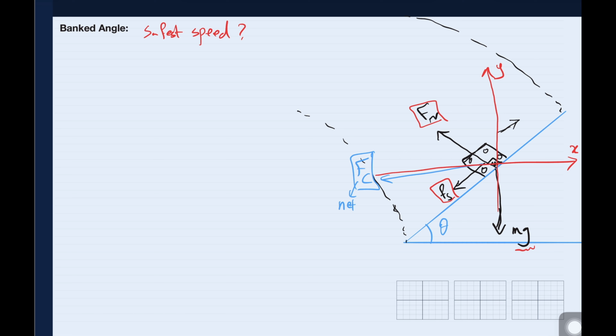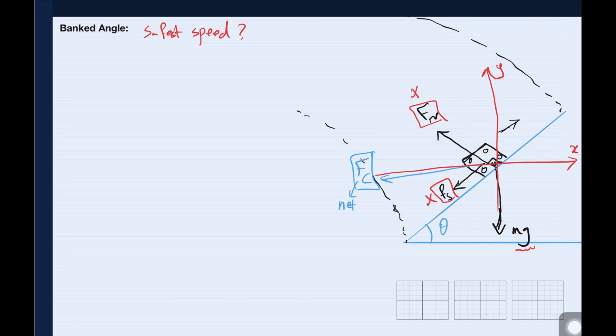But I have to break down these two forces, Fn and Fs, because those are diagonal forces, neither on x nor on y. So I break them down to make all calculations simpler.